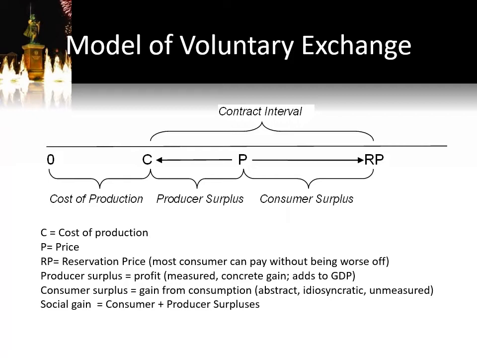Let's say in my mind, a flat screen TV is worth $500. For $500 or less, I'd be happy having a flat screen. I go in and buy one for $300. Woohoo! I'm in theory $200 better off, right? I gave up $300 for something that's worth $500 to me.